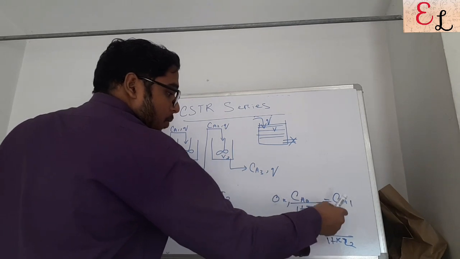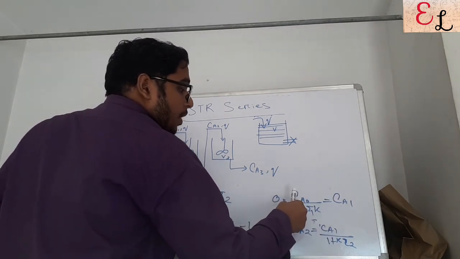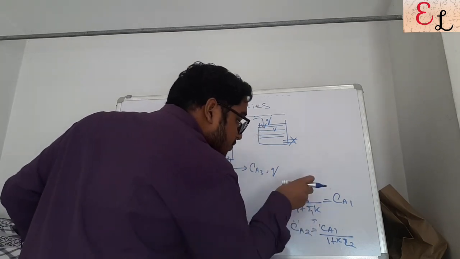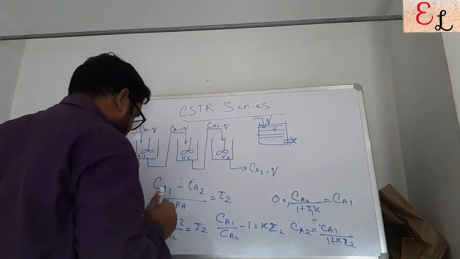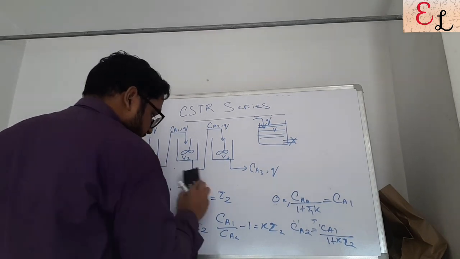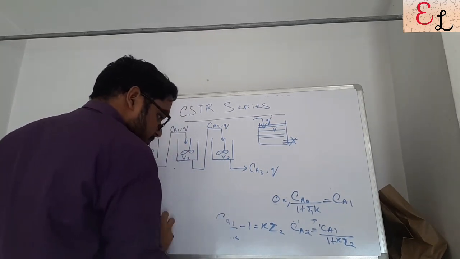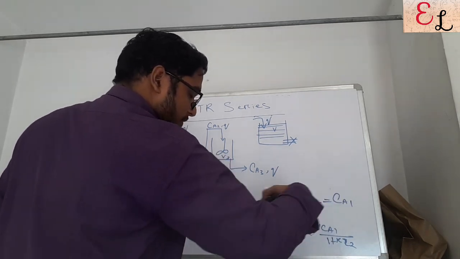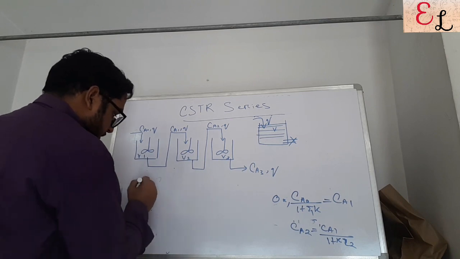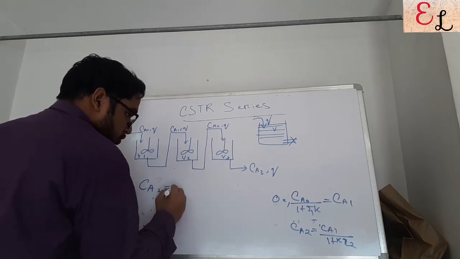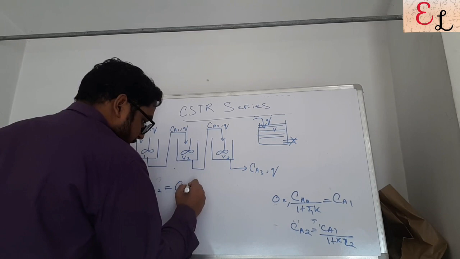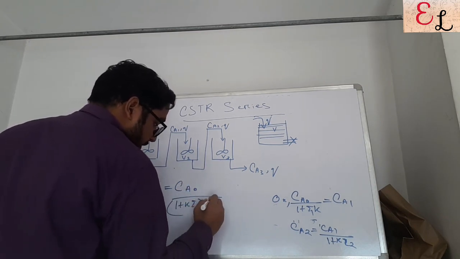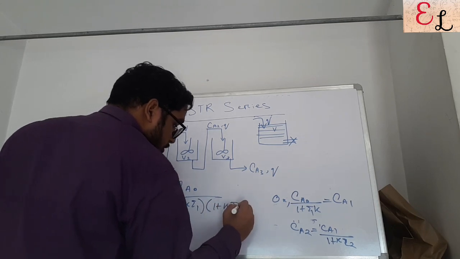We know CA1 is CA0 by 1 plus K tau 1. If we express CA2 in terms of CA0, the initial inlet concentration, and combine these two equations by substituting CA1, CA2 equals CA0 by 1 plus K tau 1 into 1 plus K tau 2.